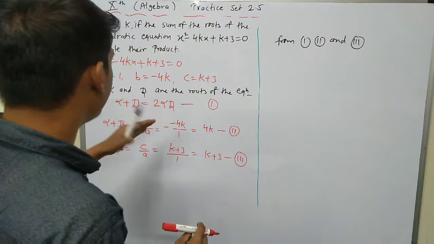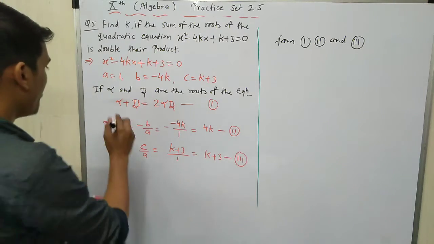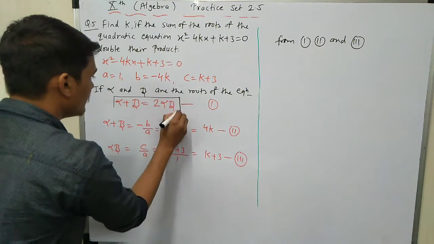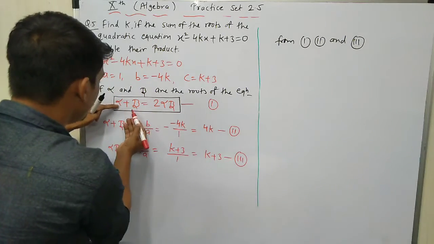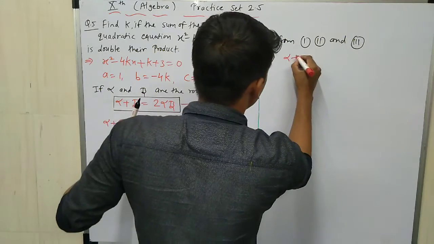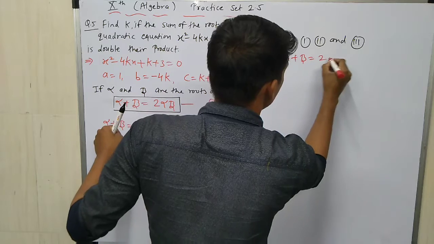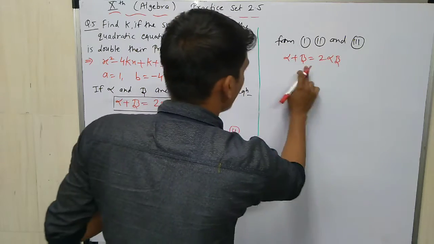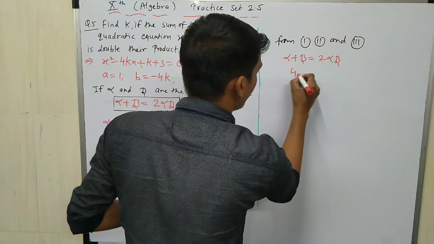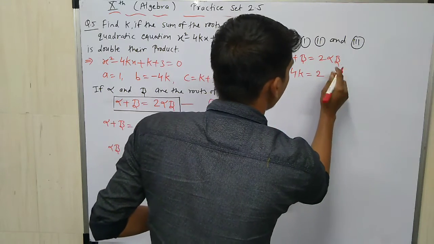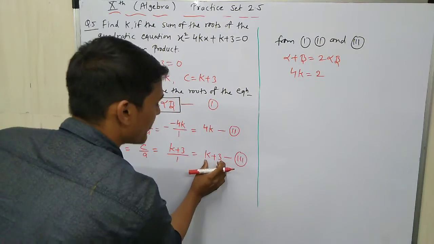Understood? Now this is your main equation. You can write down here alpha plus beta is equal to 2 alpha beta. Alpha plus beta is 4k. You can write here 4k is equal to 2, and alpha into beta is k plus 3.